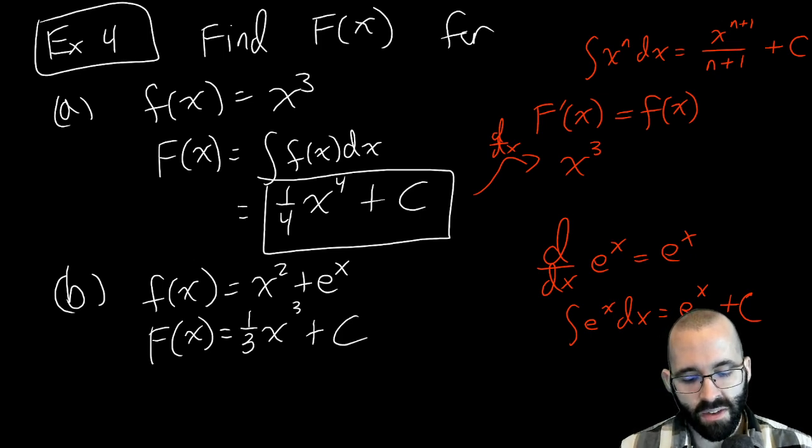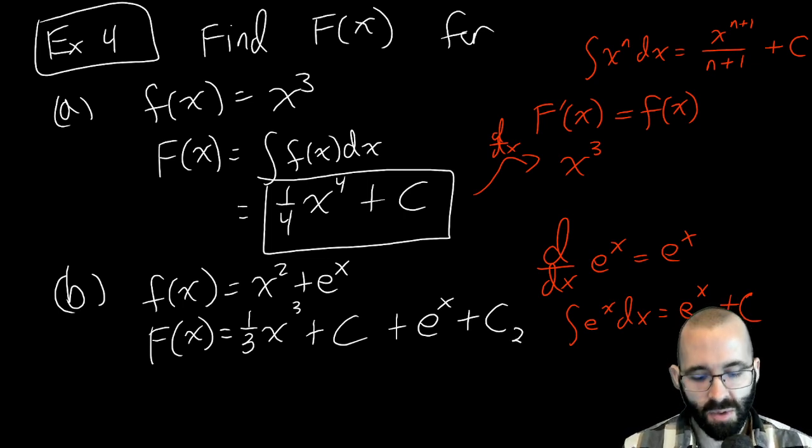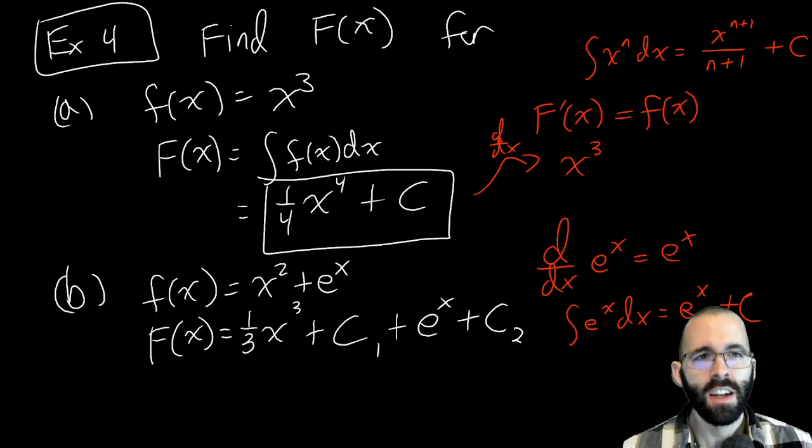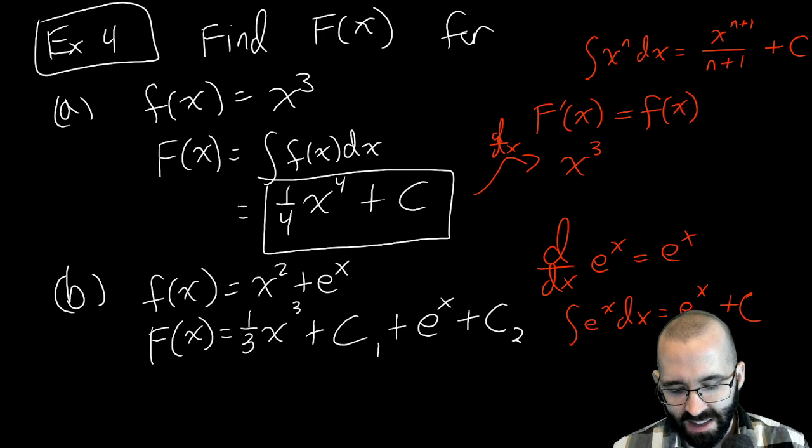So that's our first antiderivative, and this is our second antiderivative. But it could be a different constant. They don't have to be the same constant. We can call this first constant C1 and the second constant C2. It's any constant, but any constant plus any constant is still just a constant. So this is a little redundant.